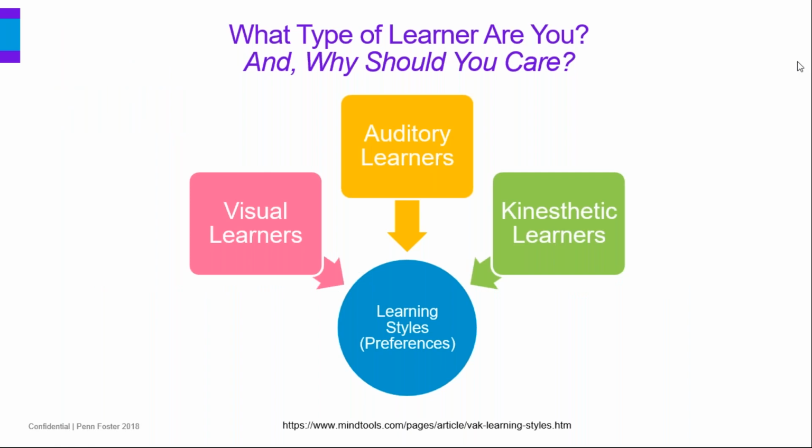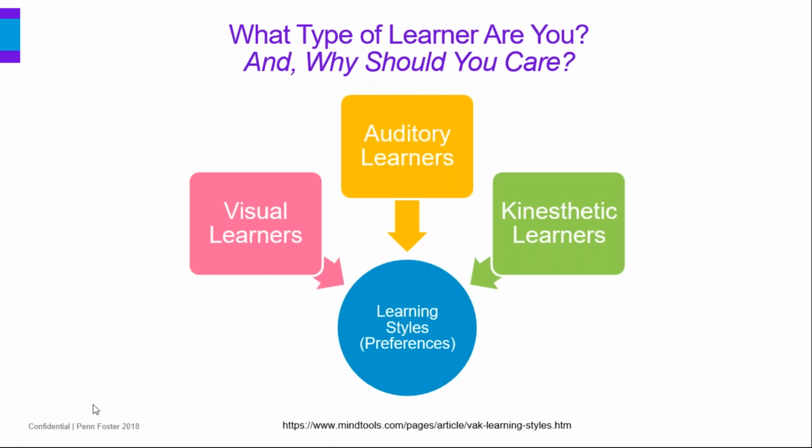Thanks, Katie. So what we're going to talk about now is what's called the VAC or VAK learning styles model. And this was developed by psychologists in the 1920s. And what it was developed for was to help students and learners classify the most common ways that they learn.